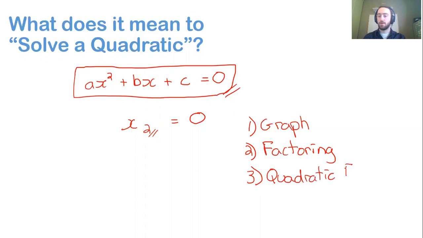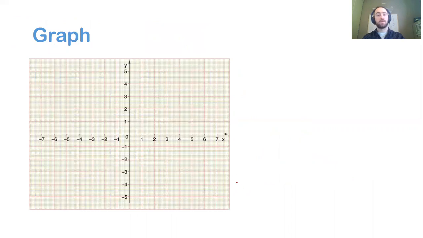Now on a test, I don't mind which of the three you use, unless I specifically ask to use the factoring method, use a graph, or use the quadratic formula. If I just ask you to solve a quadratic, I don't mind which of the three methods you use. So the first method is graphing.